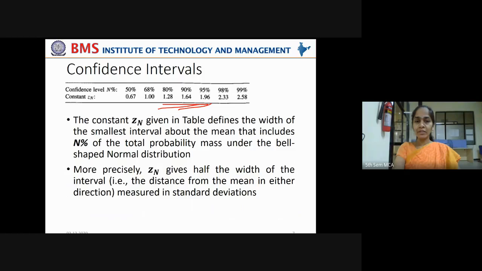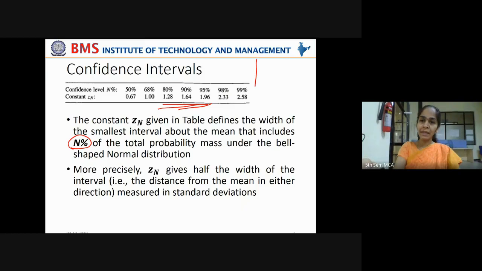Now, the constant Zn given in this table defines the width of the smallest interval about the mean that includes n% of the total probability mass under the bell-shaped normal distribution.